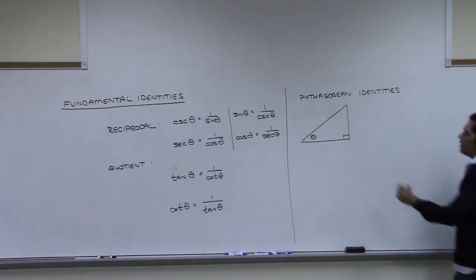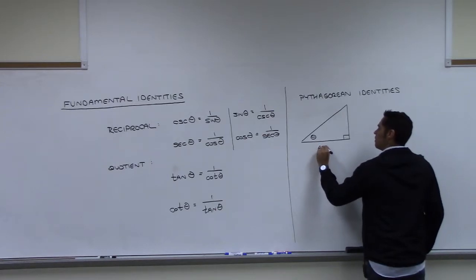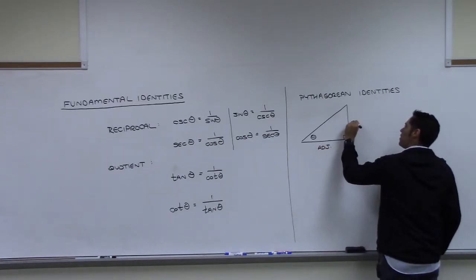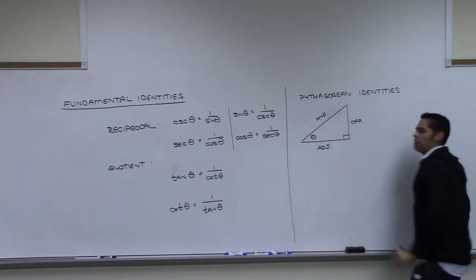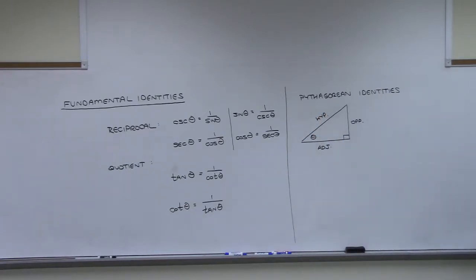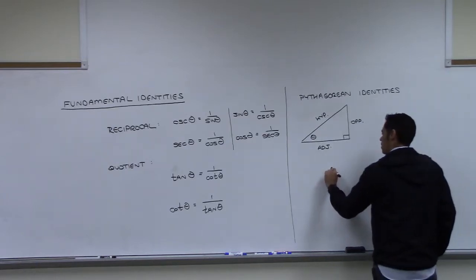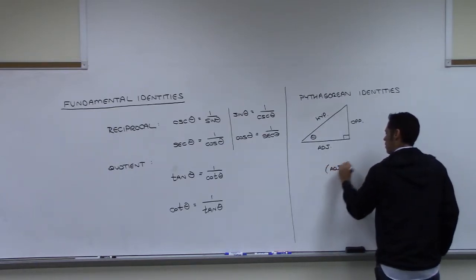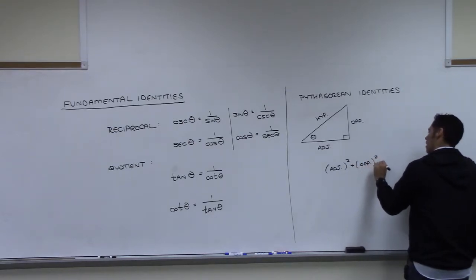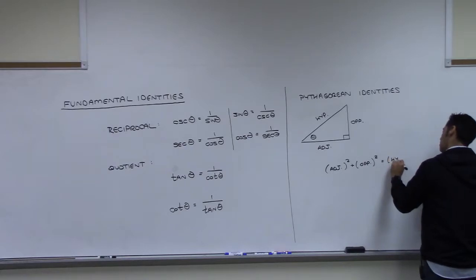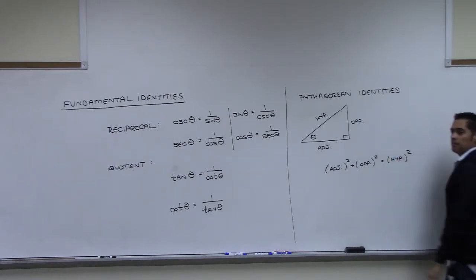All right, if I do this, this is adjacent, this is opposite, and this is hypotenuse, right? Yes? Then would you agree by the Pythagorean theorem, a squared plus b squared equals c squared, that I could write this down? Adjacent squared plus opposite squared equals hypotenuse squared.